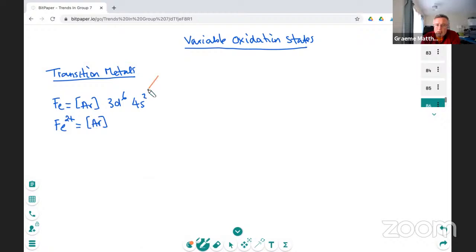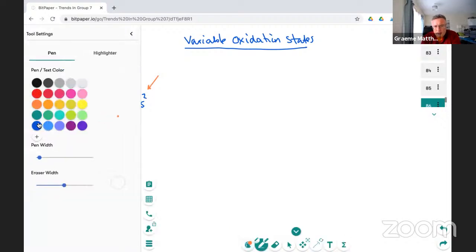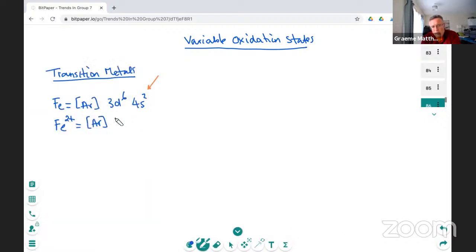So I end up with 3d6. That's iron 2+. Or I could have iron 3+, which is argon 3d5.